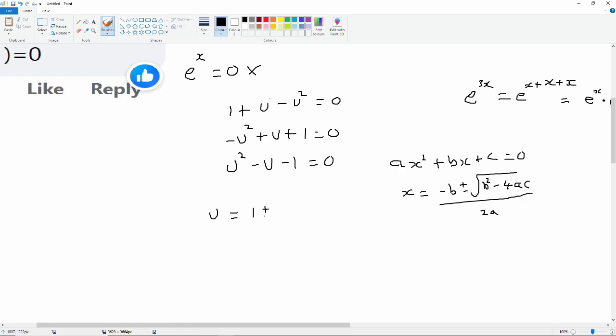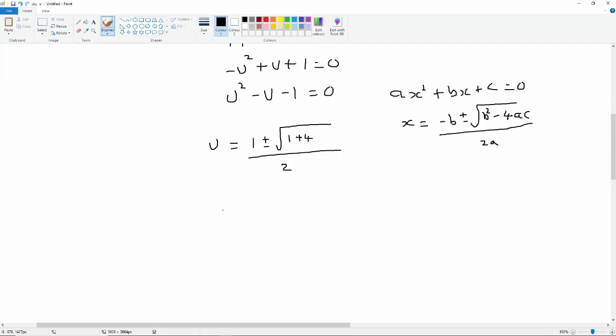plus or minus the square root of negative 1 squared. Well, negative 1 times negative 1 is positive 1, so that's just 1, minus 4 times a, which is 1, and 1 times 4 is 4, times c, which is negative 1, so 4 times negative 1 is negative 4. If you're subtracting a negative, it's a positive, so this becomes plus 4, and then all of that is divided by 2.